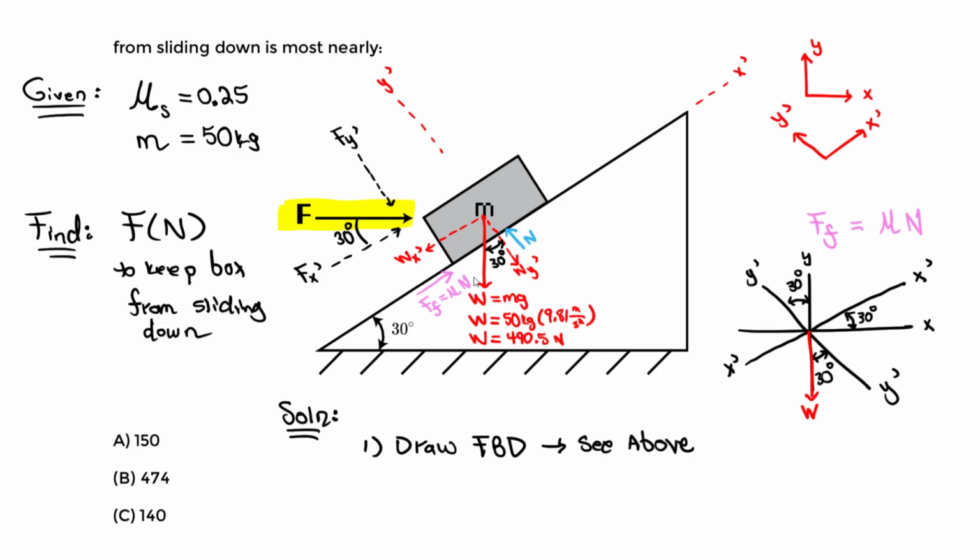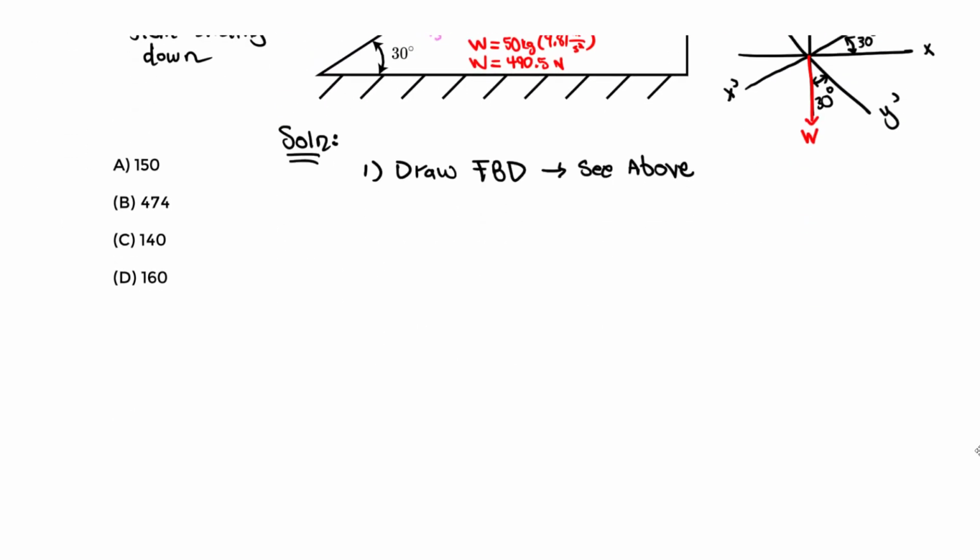thing using statics. So with statics, we know we simply apply force equilibrium, right? And we're doing it along what axis? The orientation is going to be the x prime, y prime, right?